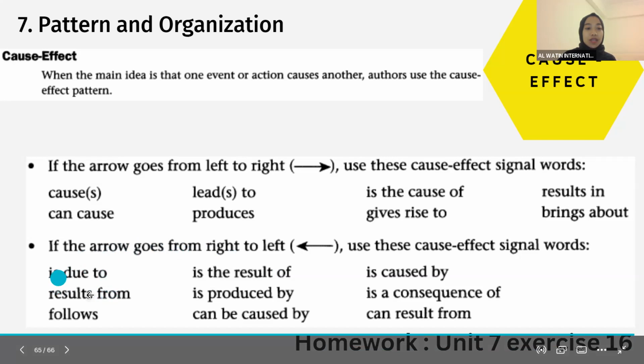Instead of because, we can also use due to, results from, follows, is the result of, is produced by, can be caused by, is caused by, is the consequence of, and can result from. Okay.